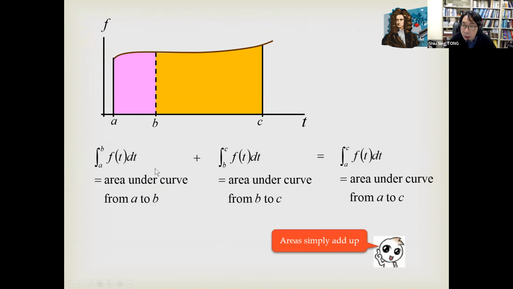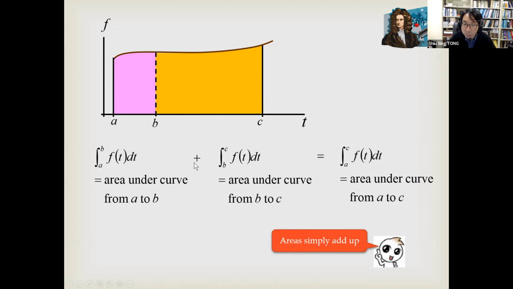Now, the definite integrals add up in a certain way. For example, if I integrate the function f from a to b, and then from b to c, you note that the b is common. The b is the upper limit of the first integral and the lower limit of the second integral. Now you can easily see that these two integrals are represented by these two areas, the pink area and the orange area, right?